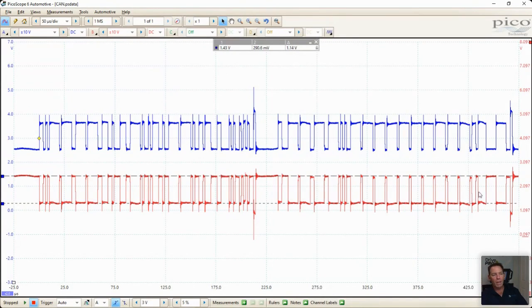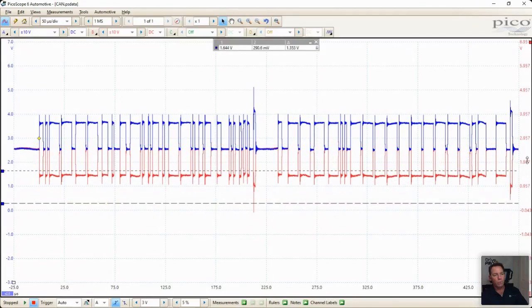So we call that CAN low because it pulls from 2.5 down. We call this signal CAN high or CAN H because it pulls from 2.5 volts up to 3.5. So that's our pulling up signal. Now we generally display these together so we can look at that differential voltage.